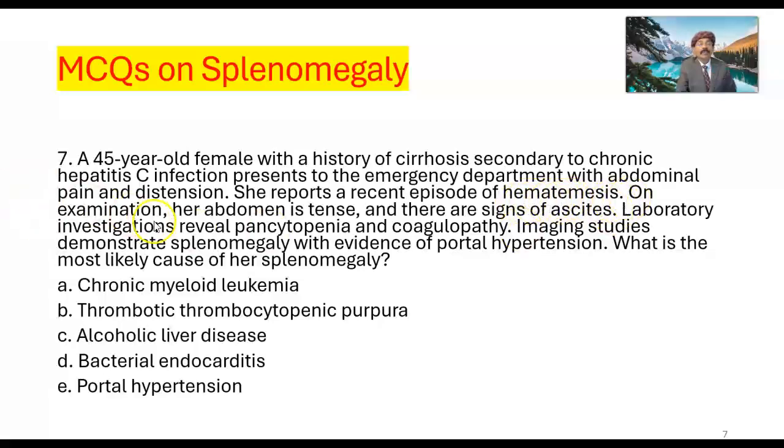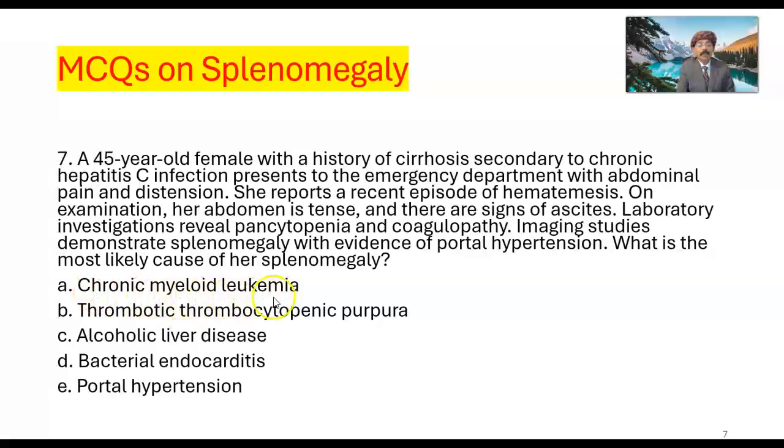On examination, her abdomen is tense and there are signs of ascites, collection of fluid in the peritoneal cavity in the abdomen. Laboratory investigation revealed pancytopenia, that means all types of formed elements, RBC, WBC, platelets, are decreased, and coagulopathy. Imaging studies demonstrate splenomegaly with evidence of portal hypertension. What is the most likely cause of her splenomegaly?